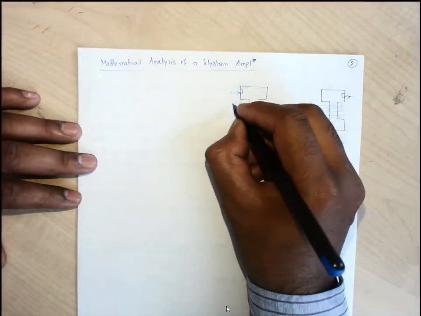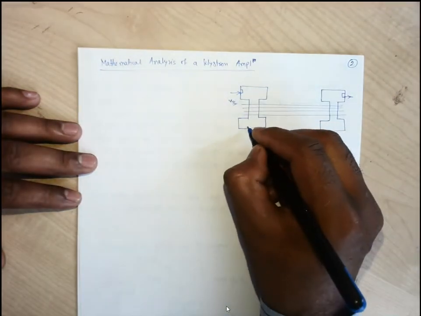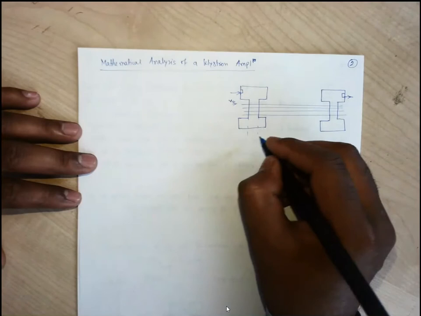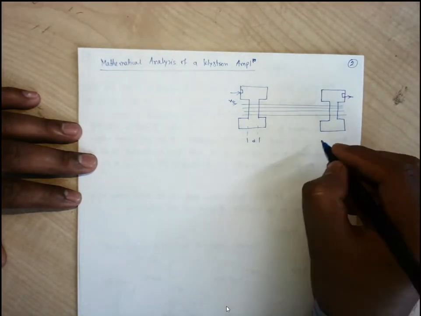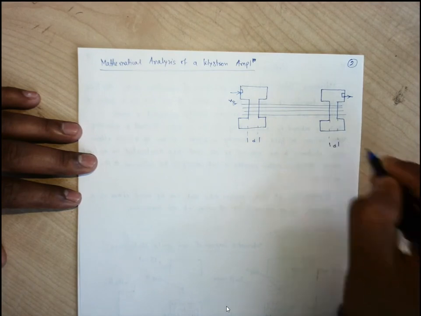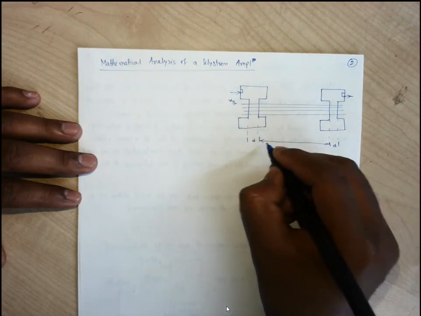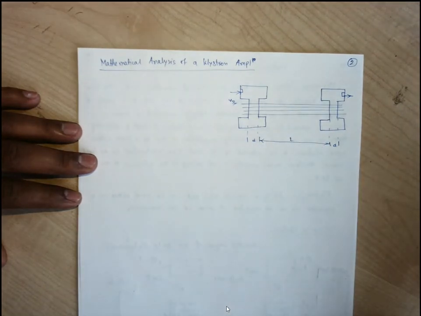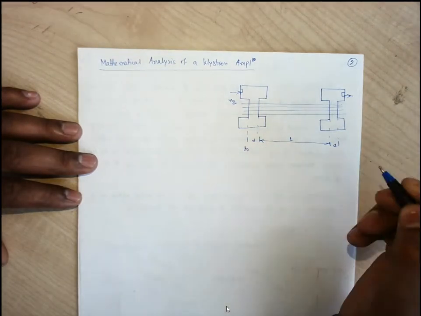Some velocity it has, v0. So this gap is of d. This gap is the same d. This drift space has the length of L. Let us consider that when it enters, it is the time t0.